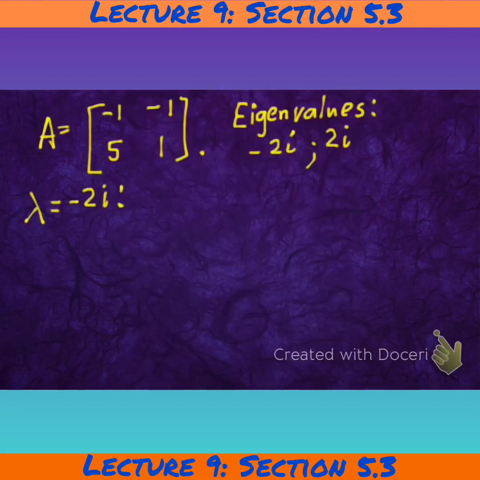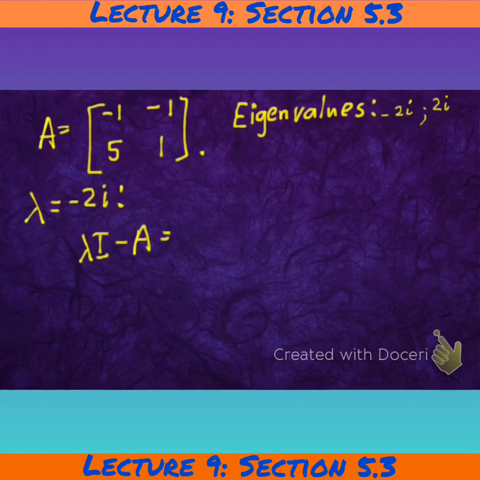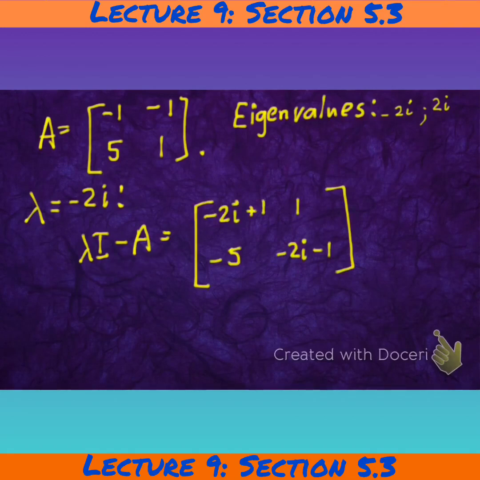Right, so now taking the matrix A, we have calculated the eigenvalues as minus 2i, 2i respectively. And now what we need to do is find the eigenvectors that correspond to the number minus 2i. That's not a difficult thing to do. We do that by finding this matrix for the value minus 2i, so that becomes that matrix.